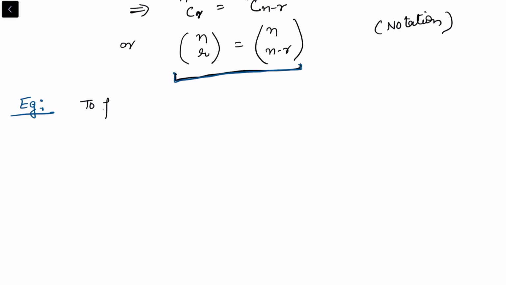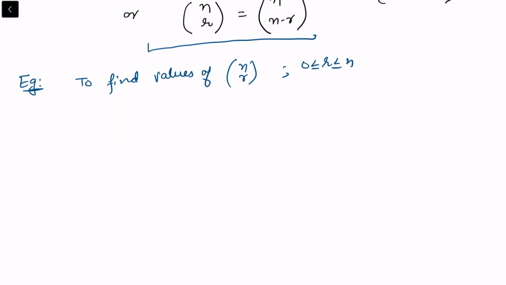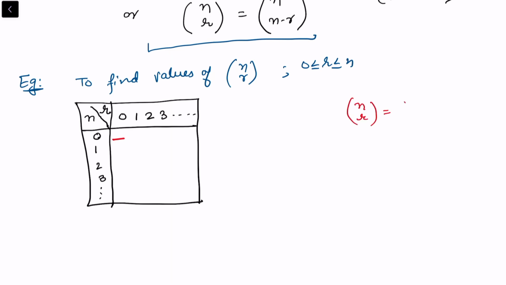Now in case I want to find values of n choose r, with r lying between 0 and n, suppose on one side I consider n and on the other side I consider r, and I create a box like this, with 0, 1, 2, 3 and we continue the values here, and 0, 1, 2, 3 and we continue the values there. So in the first place I want to write the value for n, r, and in this case the value is 0 choose 0.